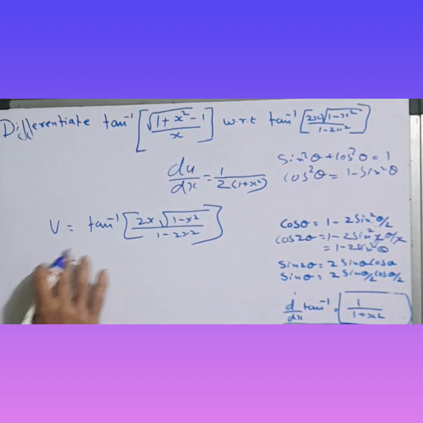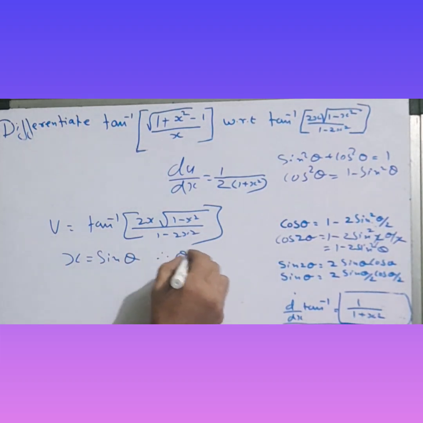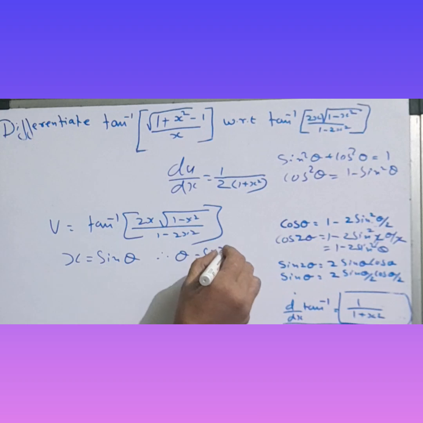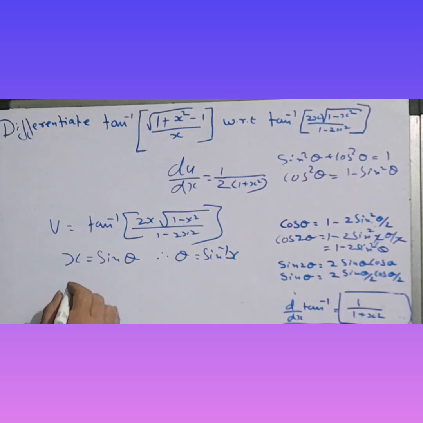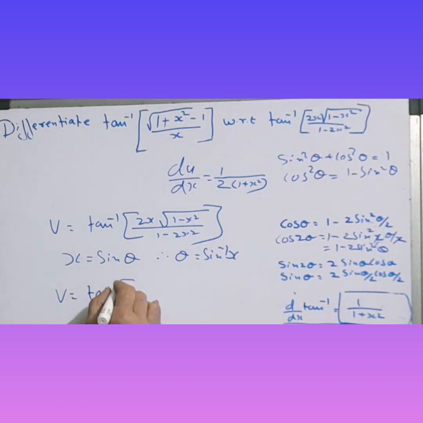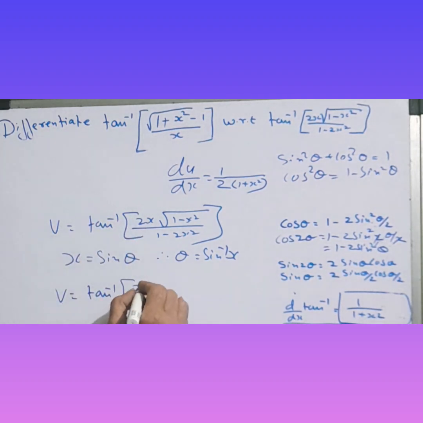Alright, so let's substitute. Therefore theta is equal to sine inverse x. Let's substitute now. X is sine theta.